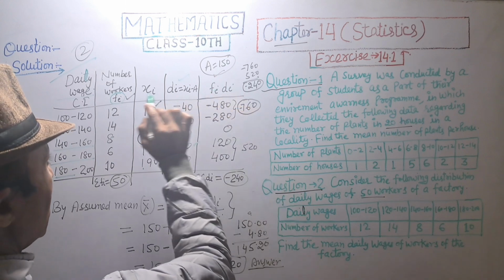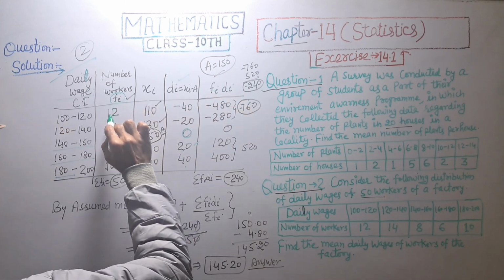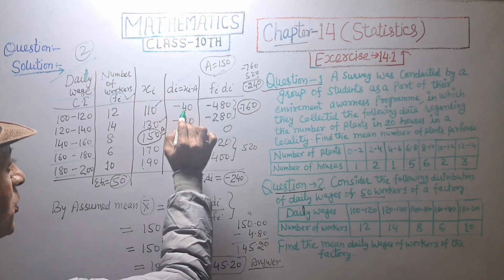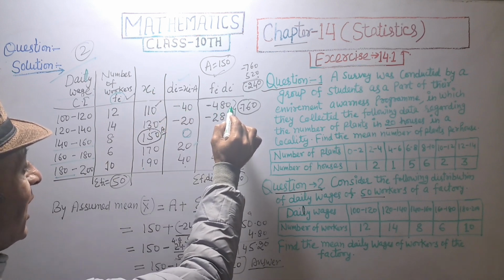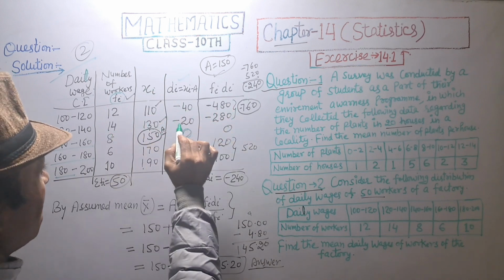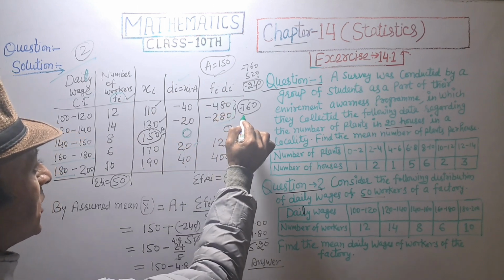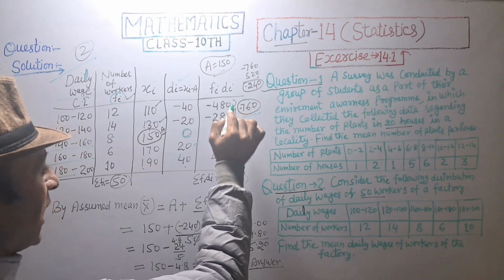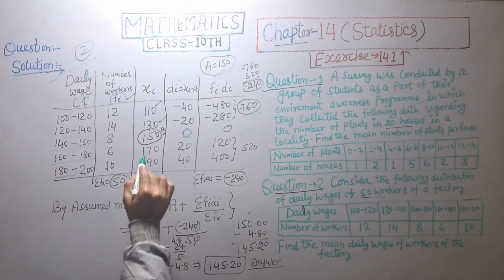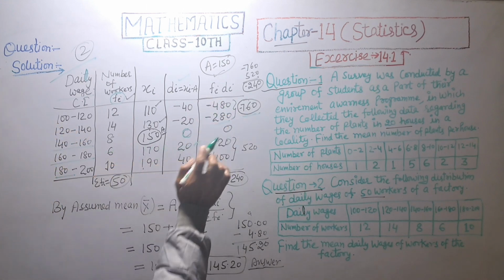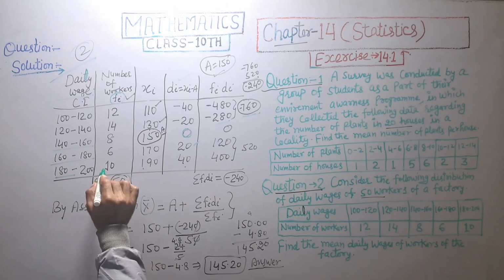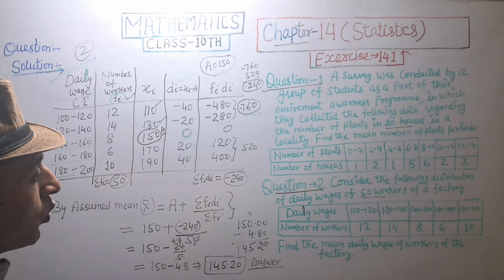So FiDi, multiplying 12 and minus 40, that is minus 480. 14 multiplied by minus 20 is minus 280, and their sum is minus 760. So 6 multiplied by 20 is 120, and 10 multiplied by 40 is equal to 400.